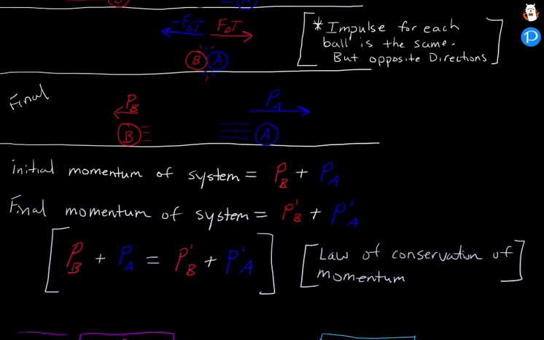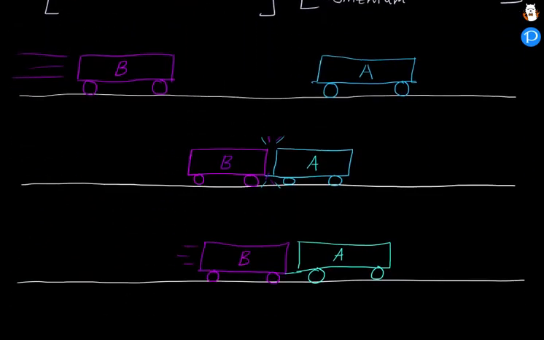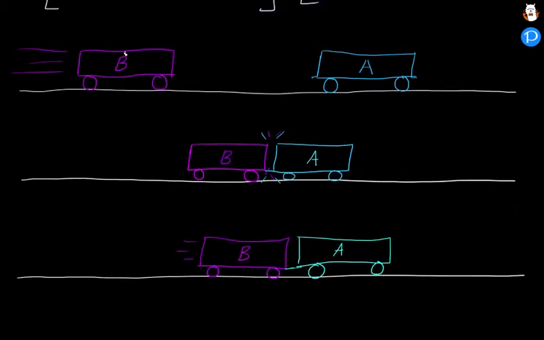So if we look at an example kind of similar to these up here, let's say we look at some train cars. So we've got some train cars here, and let's say that in this situation we've got train car B here, and the mass of this is 300,000 kilograms.